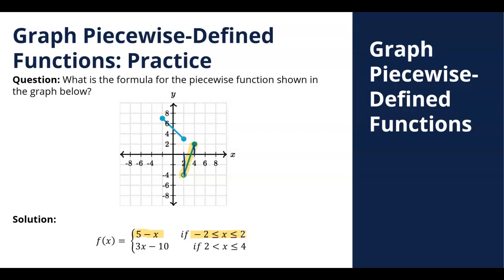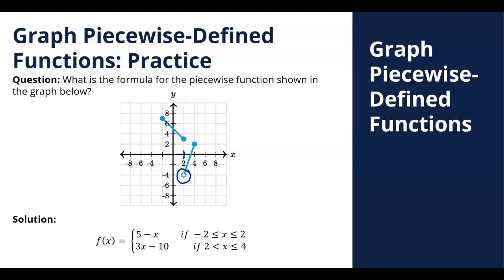Now notice that this point here is open. Okay, so therefore this x value here is not part of the domain of that piecewise function on that part of the graph.